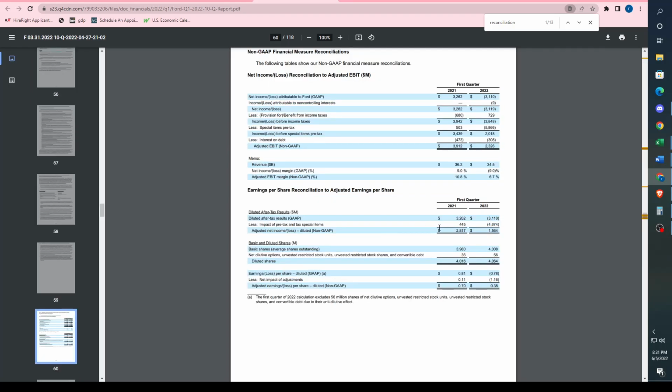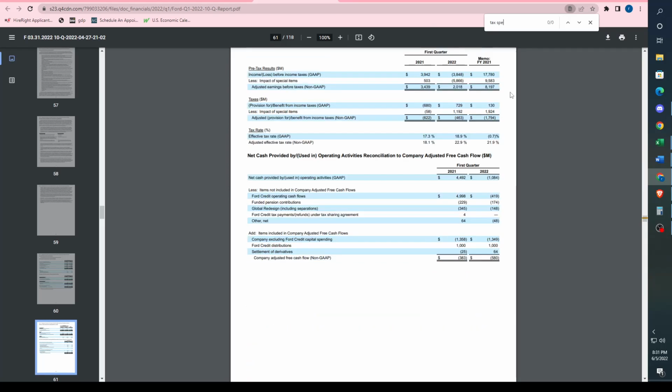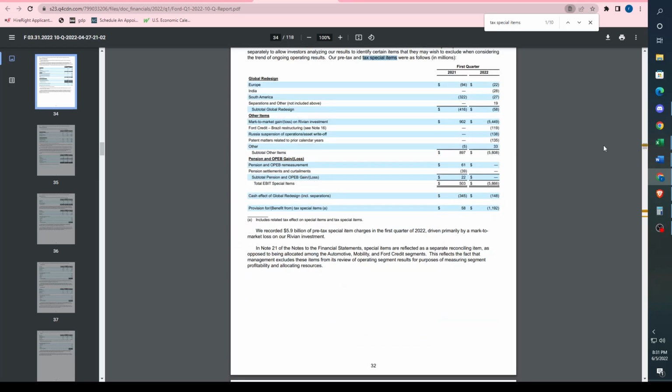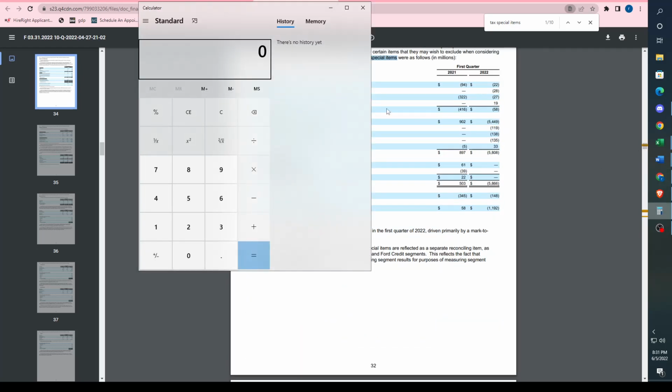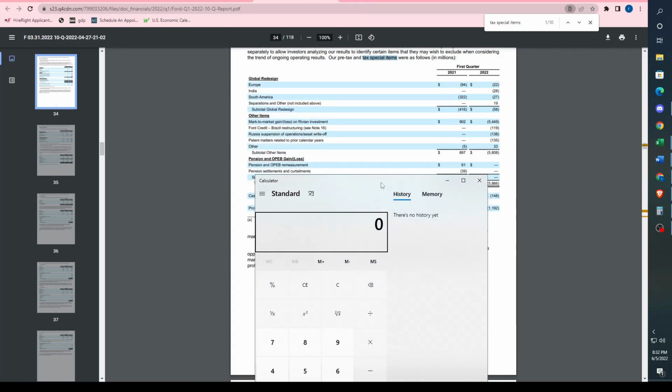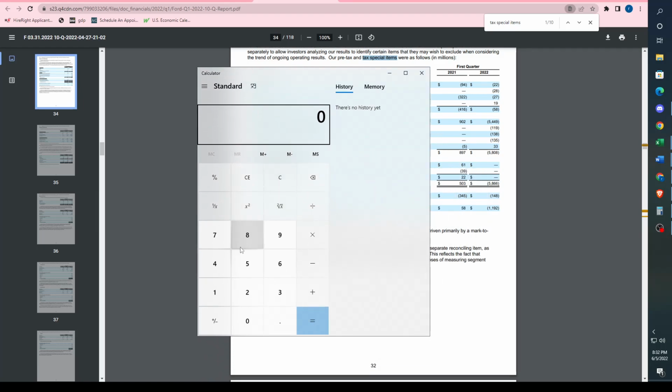And when we look at the reconciliations right here, this number is 4674. And then I can try and replicate that number again. 4674 is the number we're looking for. So the way that they went ahead and calculated that is they got this subtotal other items, 5808.